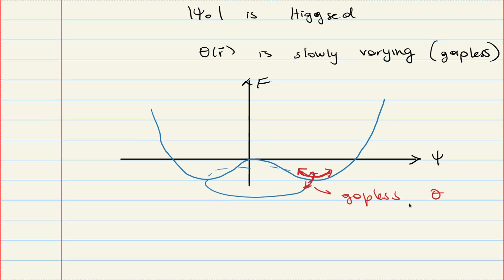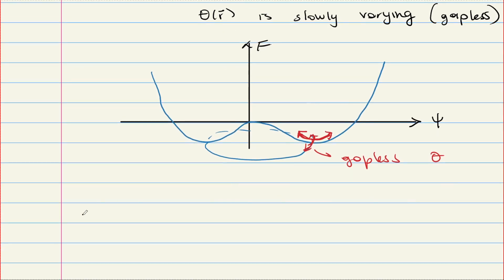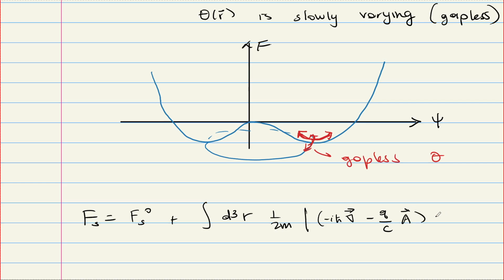And if you look at the free energy, F is some constant plus the integral d cubed r of 1 over 2m times (minus i h bar gradient minus q over c A) psi, squared.